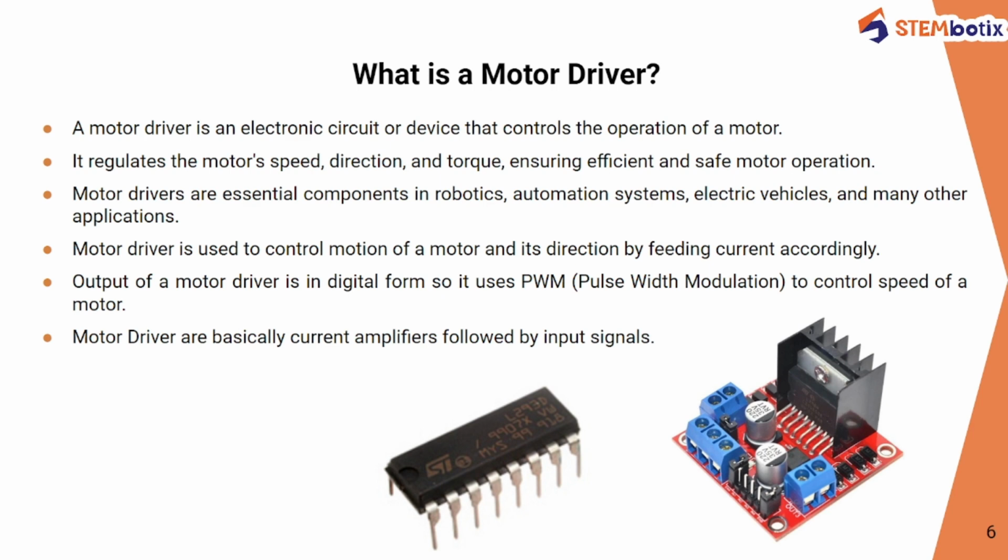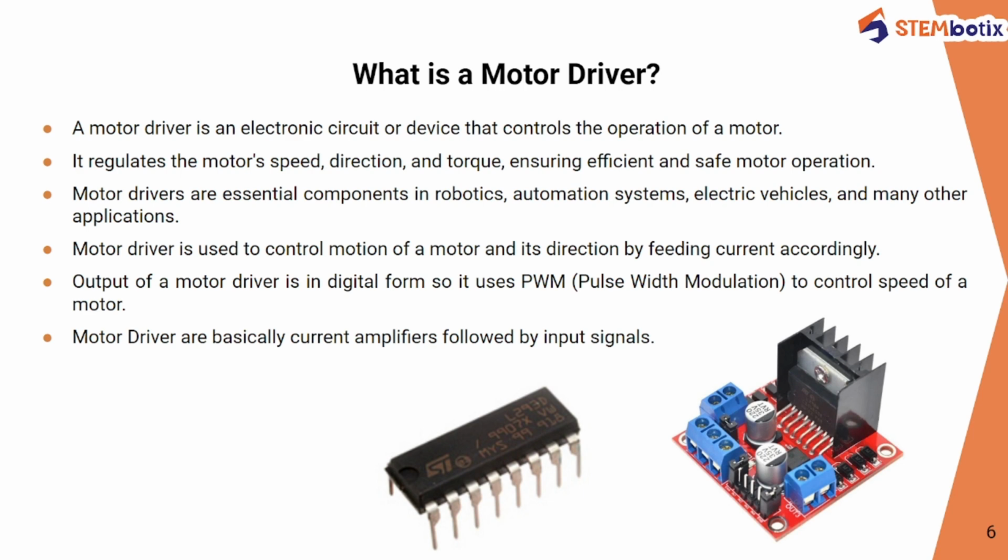The output of a motor driver is in digital form, so it uses PWM, which is pulse width modulation, to control the speed of a motor. So PWM pins are used in the case of motor drivers. Motor drivers are basically current amplifiers that follow input signals. So this is how a motor driver is used.